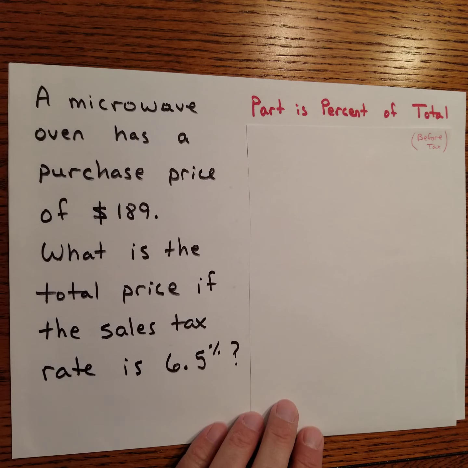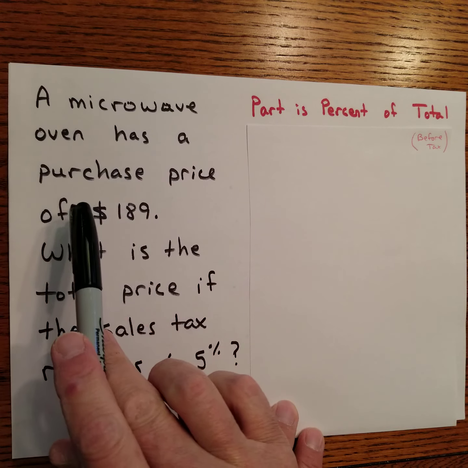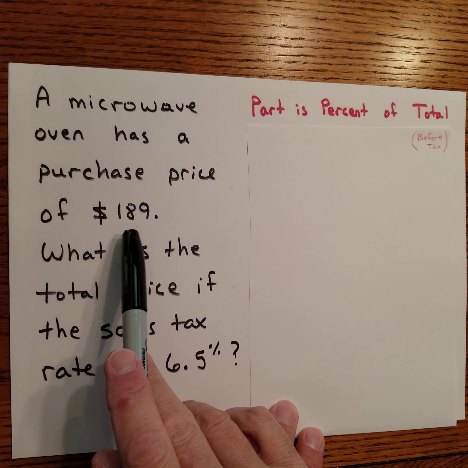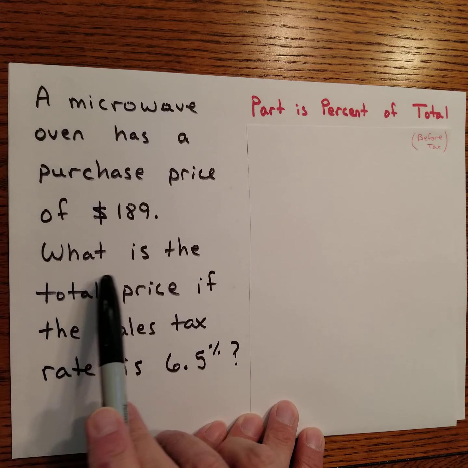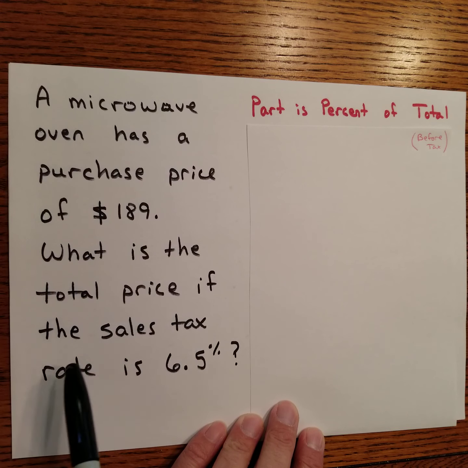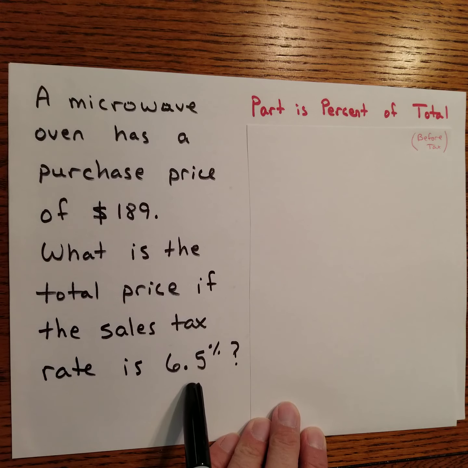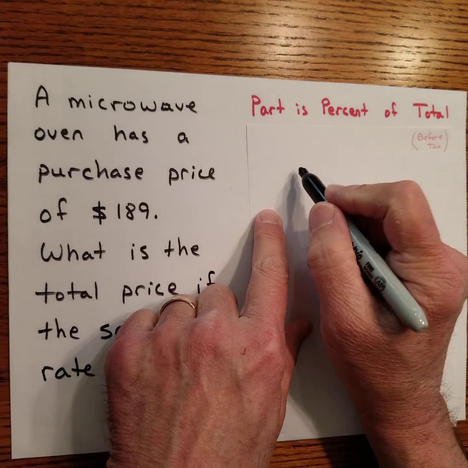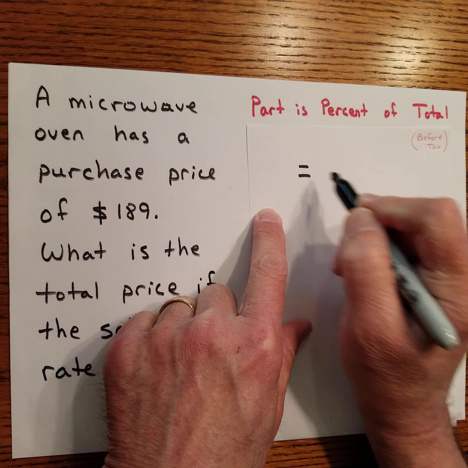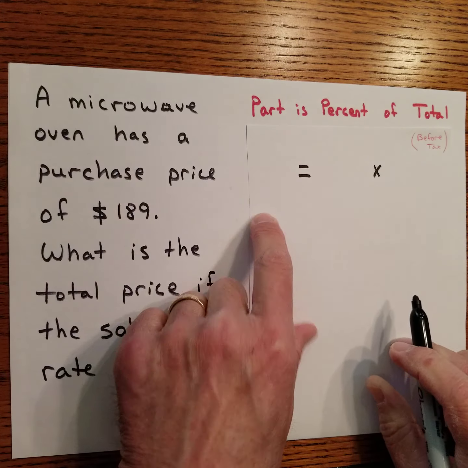Let's read through carefully. A microwave oven has a purchase price of $189. That's before tax. What is the total price if the sales tax is 6.5%? Let's see if we can fill in our formula. Is equals, of is times.